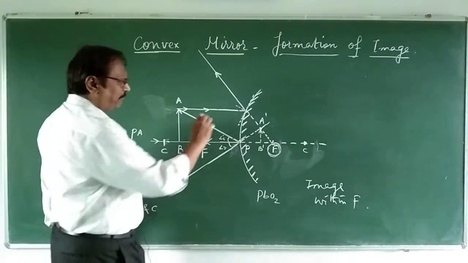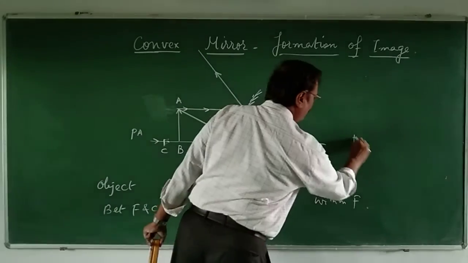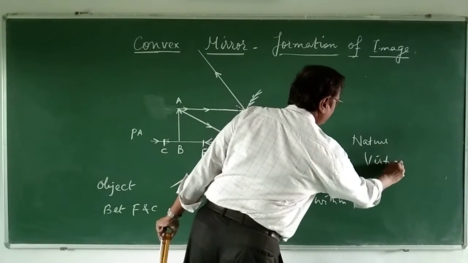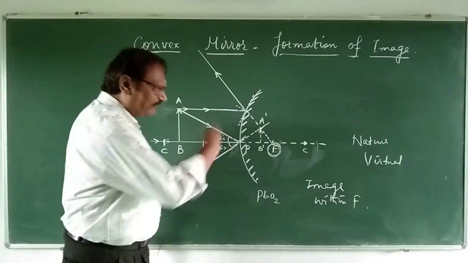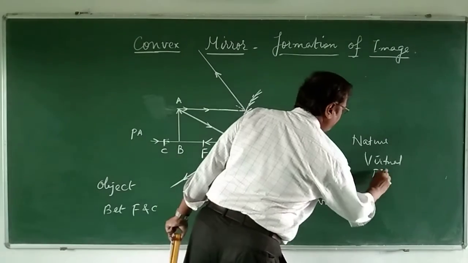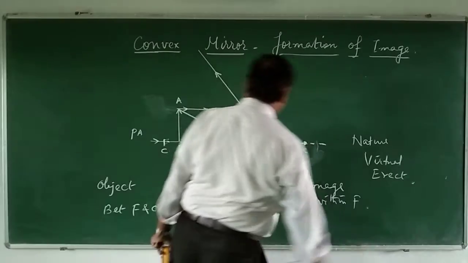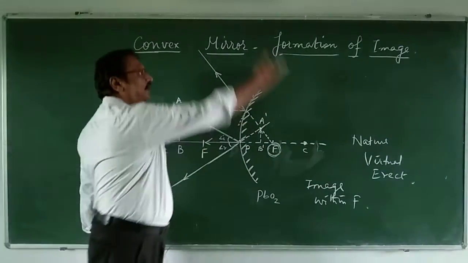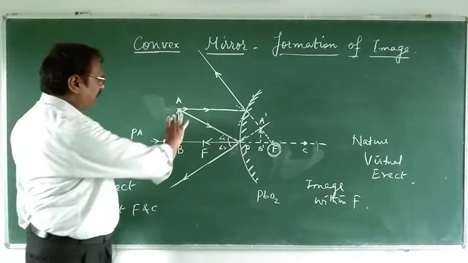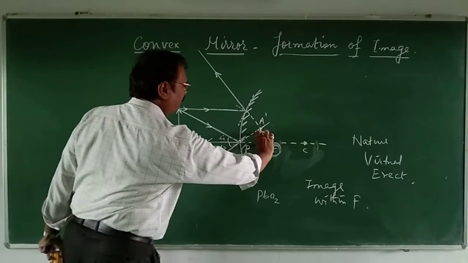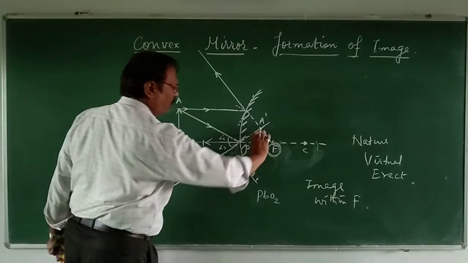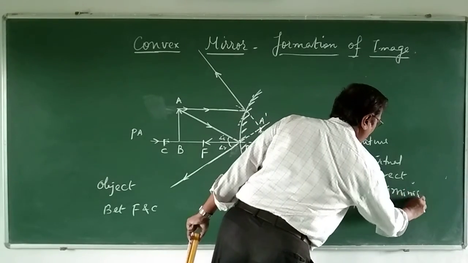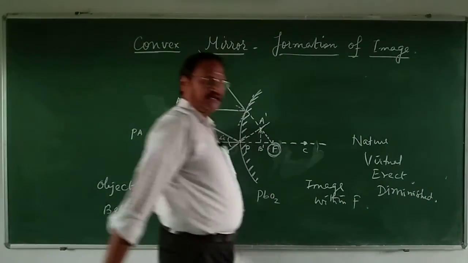Second, it is behind the mirror, so the nature of the image is virtual. Whenever it is virtual, it is going to be erect. And in the case of a concave mirror, within focus, you got an enlarged image. But here, you see the size of it. The size is small, and this is called a diminished image.